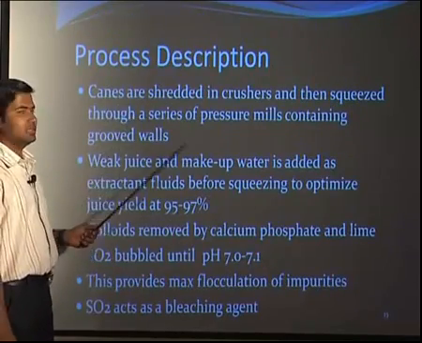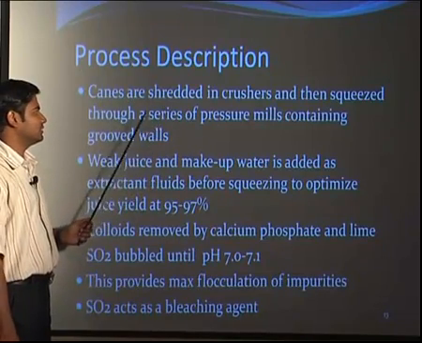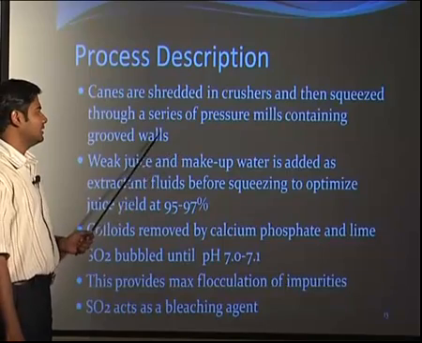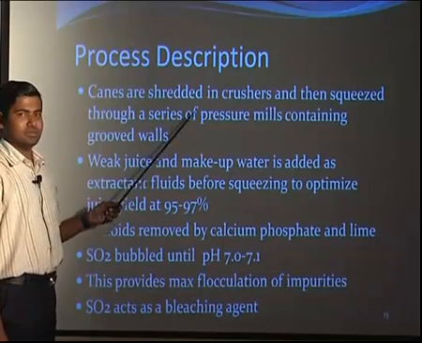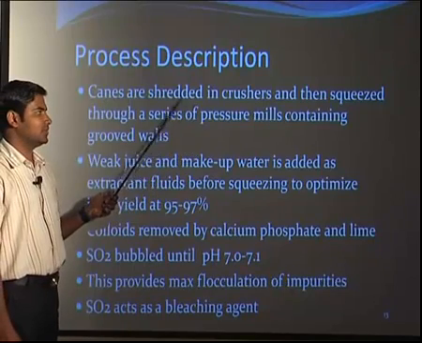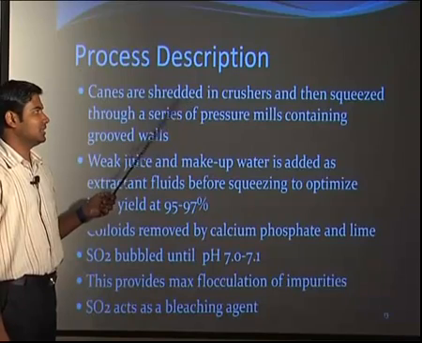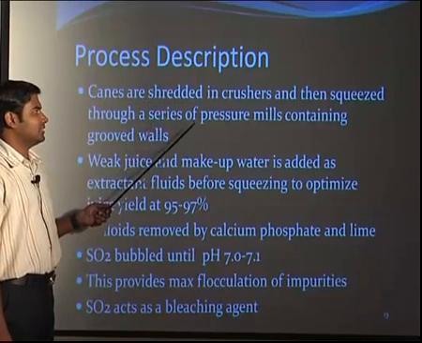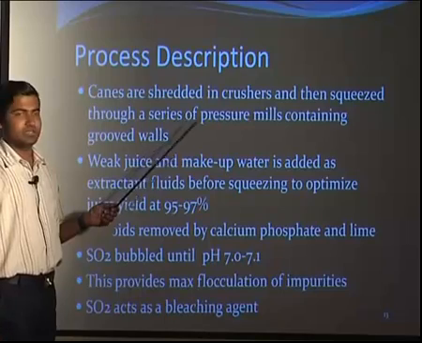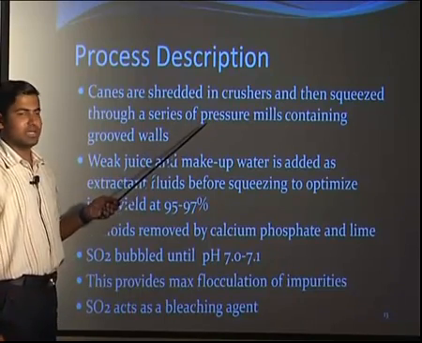So here what happens, the canes are shredded in a crusher and then squeezed through a series of pressure mills containing grooved rollers. As we have seen outside, the sugar canes are crushed to get the sugar juice. Here also the same thing is done. They are shredded and crushed in a series of pressure mills to get the sugar cane juice.